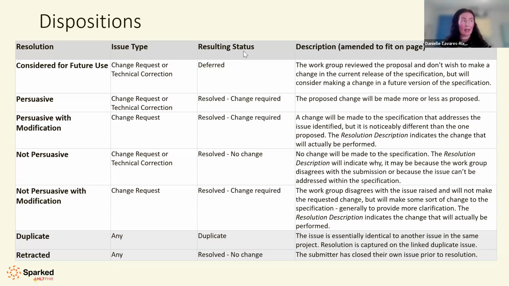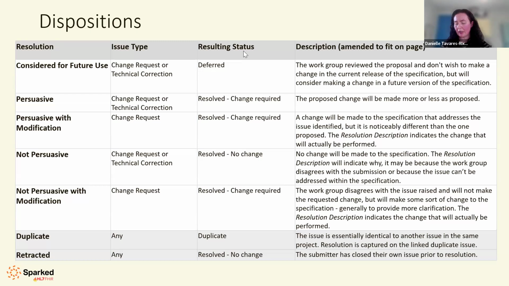Classic examples are the ones I called out where something is part of the FHIR spec and there's no way to change that in AU Core. That's one reason. And then sometimes it's because we don't agree that a change should be made. Like the overall feeling or the voting from the technical design group is that we will not make the change that was proposed.